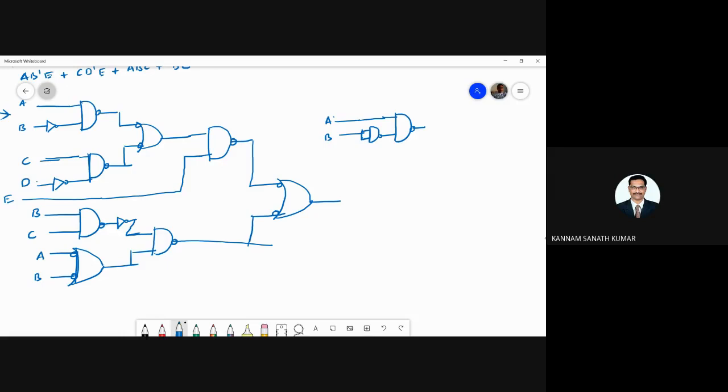Next and C, NAND gate, and this is another NAND gate. Convert the bubbled OR gate with the NAND gate. Now here this is C, D, and E is coming directly.